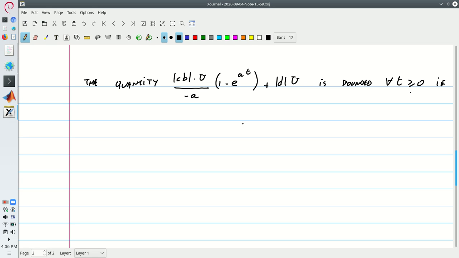Now, one simple way to make this quantity bounded is the following.